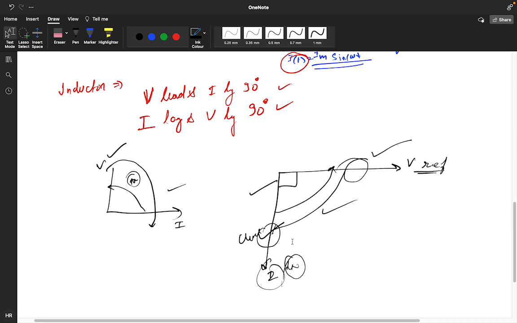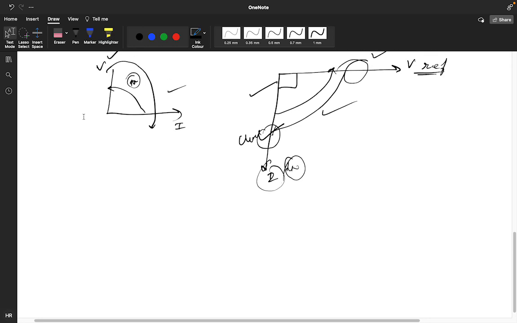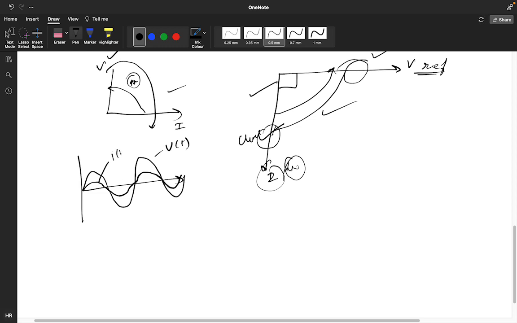Now, if you understood this, like in a resistor, what we have seen is that the net power will always be positive. You remember yesterday's class? We have V of t, we have I of t, and power is the product of V of t into I of t.